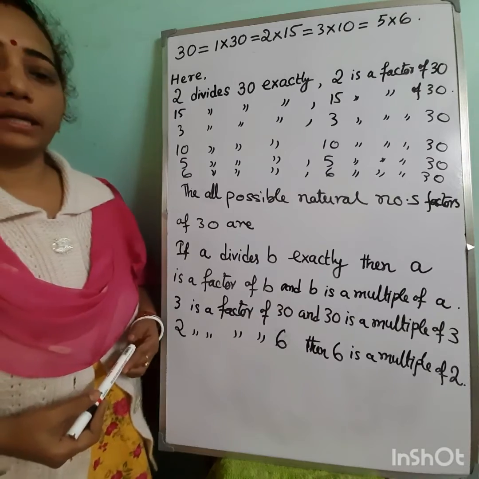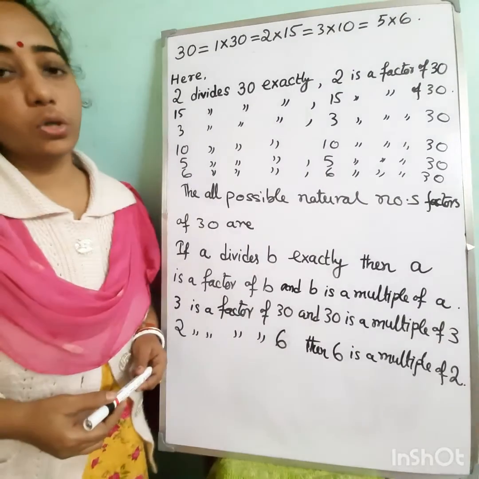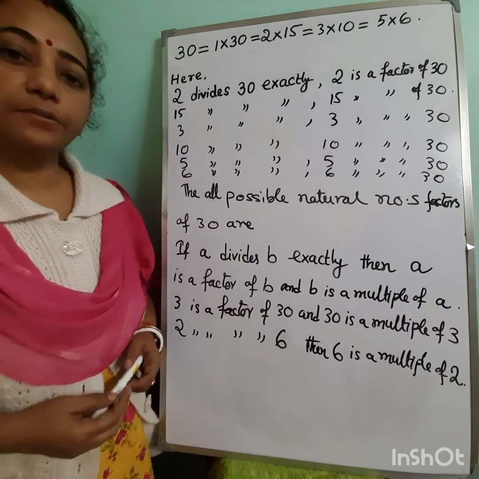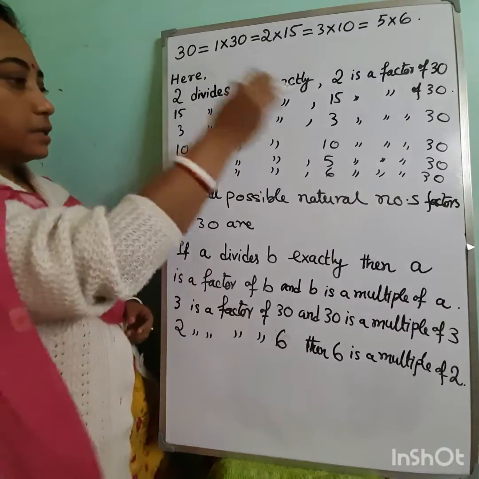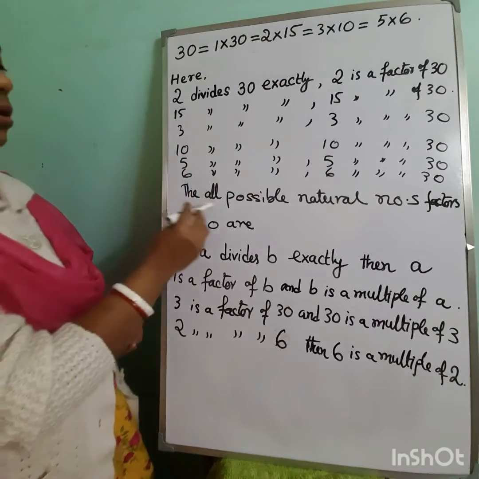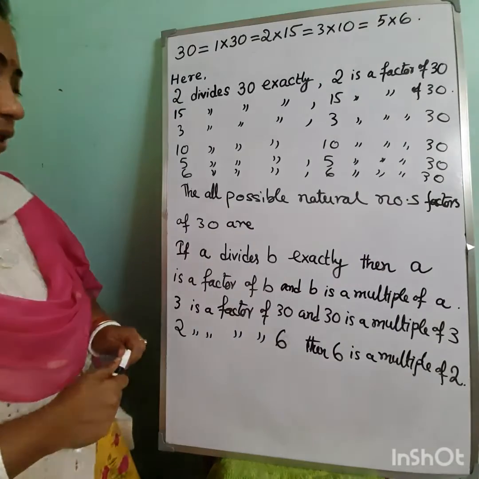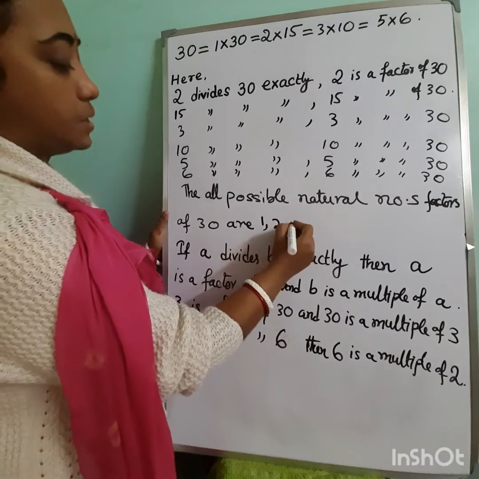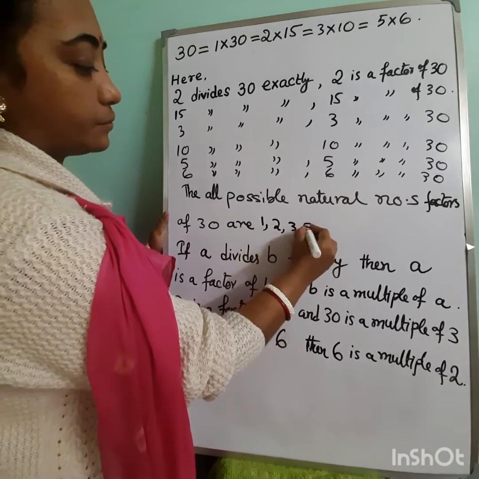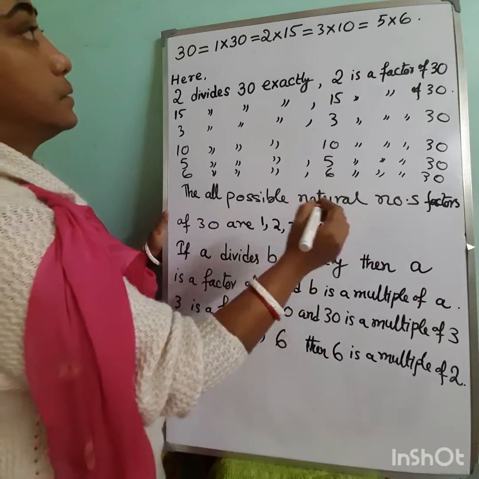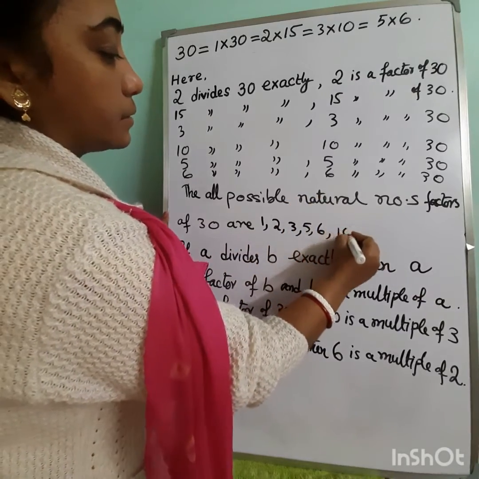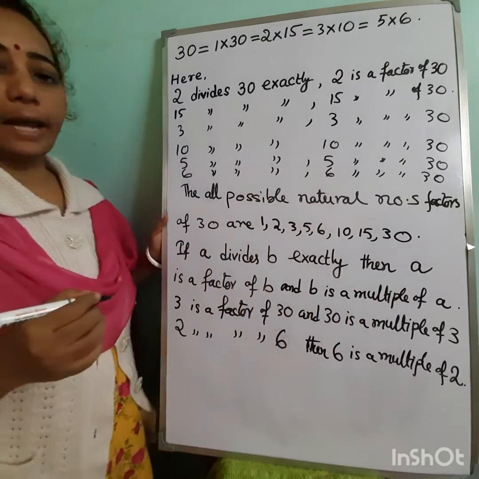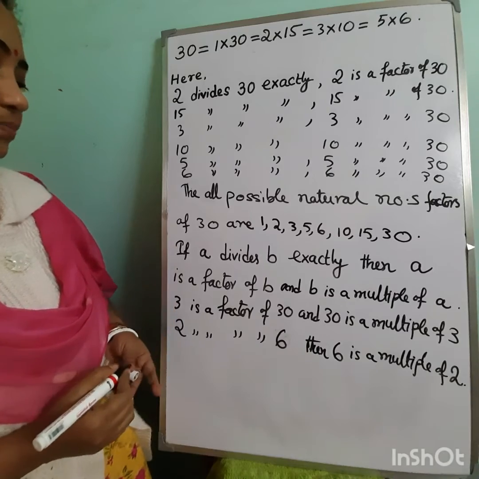Also 1 and 30 are factors of 30 because 1 divides every number exactly and every number divides itself exactly. So all possible natural number factors of 30 are 1, 2, 3, 5, 6, 10, 15, and 30.